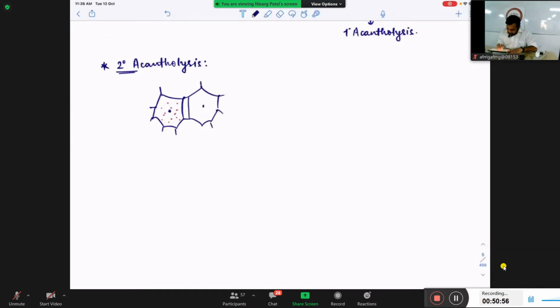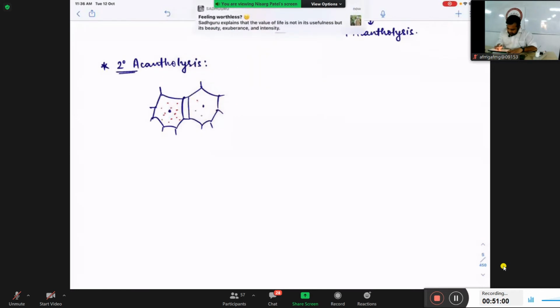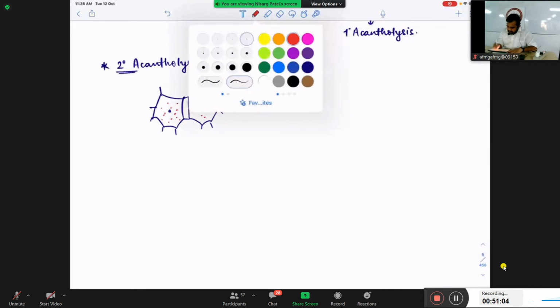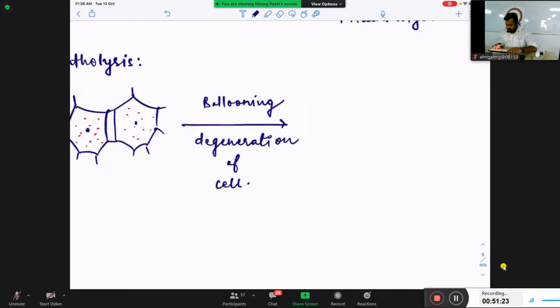But what happened is, these two cells got infected with the virus. And because of this infection, they cause ballooning degeneration of the cell.